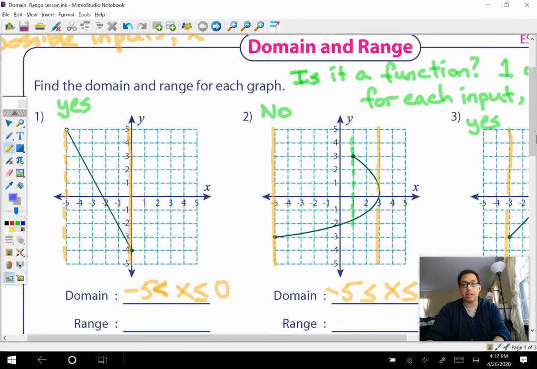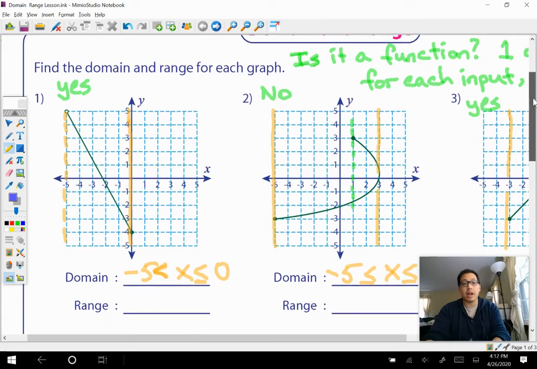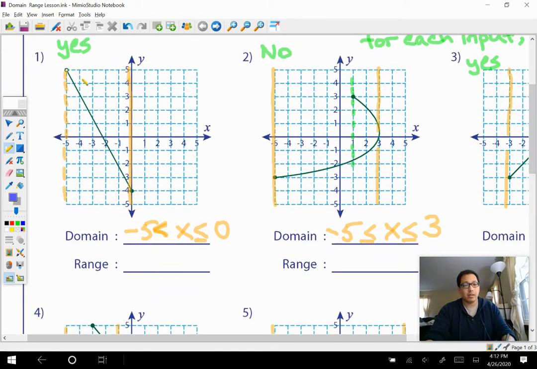What are the possible values for y on this graph? Here's our graph right here. This is the line, this is the graph we're talking about. What are the possible y values? Well, it looks like the lowest y value is down here at -4. Kind of looking at our boundaries now, instead of looking from left to right, we're looking up and down because that's what the y values go on.